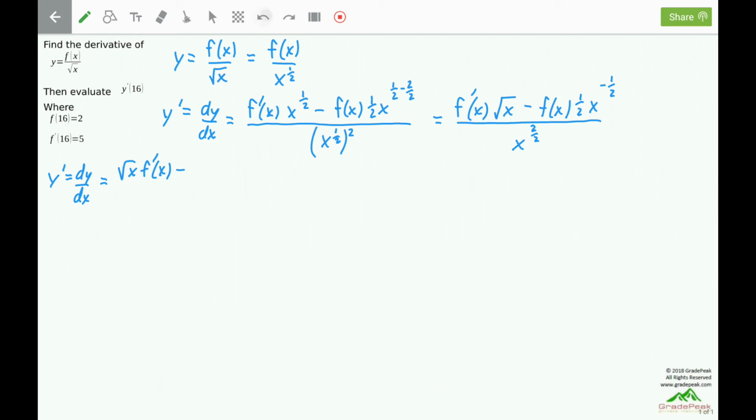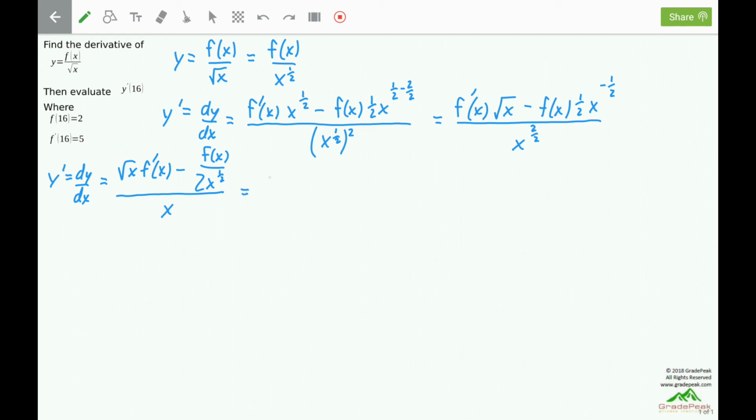Those will multiply each other, so that'll give us f of x, and then the x to the negative 1/2 is going to move to the denominator with the 2. There's already a 2 down there. So we will have f of x and then over 2x to the positive 1/2. That's why we moved it down, to make it a positive exponent. This entire thing is divided by x to the 2/2, or x to the 1.